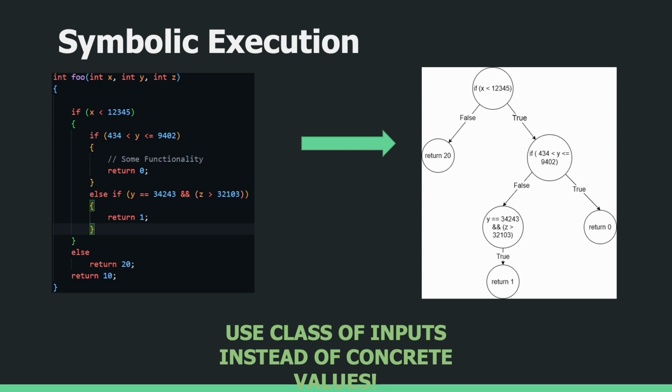Executing for every input is a very tedious task because the sample space is so big for even one variable, so executing on a class of inputs which covers a lot of inputs in the sample space in one go is a very good option.